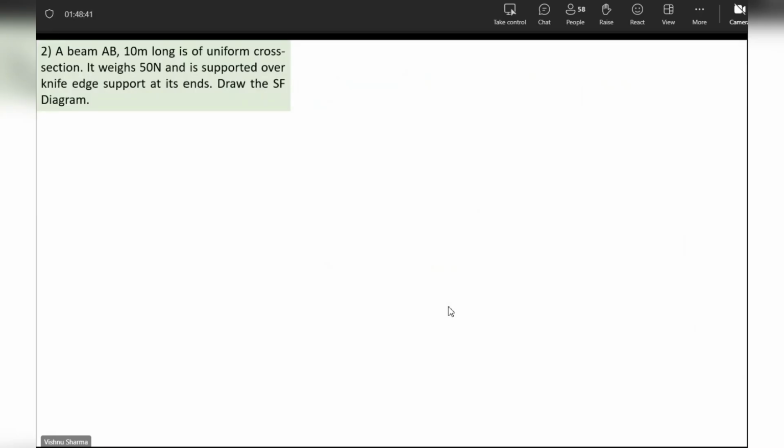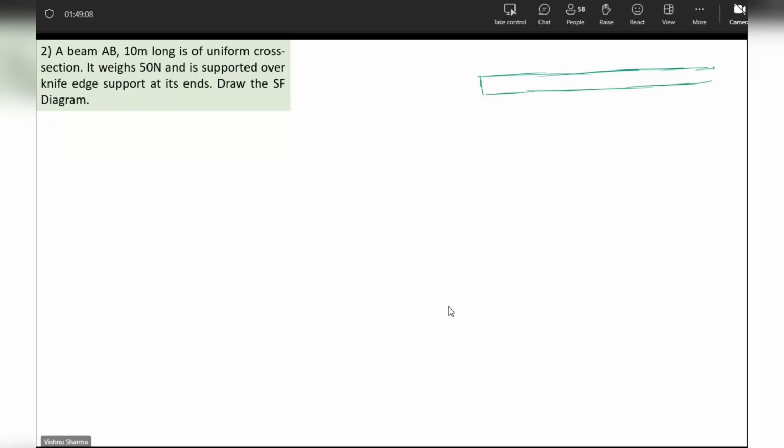A beam AB 10 meters long is of uniform cross section. The weight of the beam is 50 newtons and it is supported over knife edge supports at its ends. Draw the SF diagram, only limited to SF. Based on our earlier discussion, if any one of you does not agree with what I am drawing, please let me know your concern.